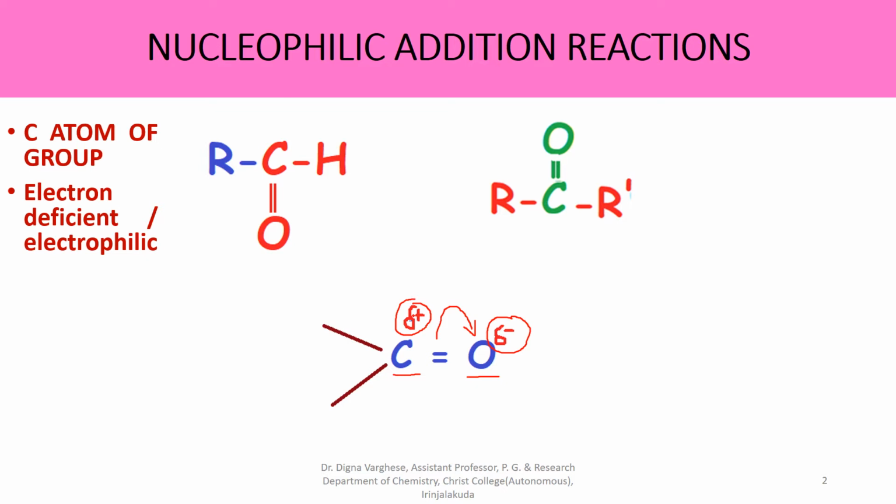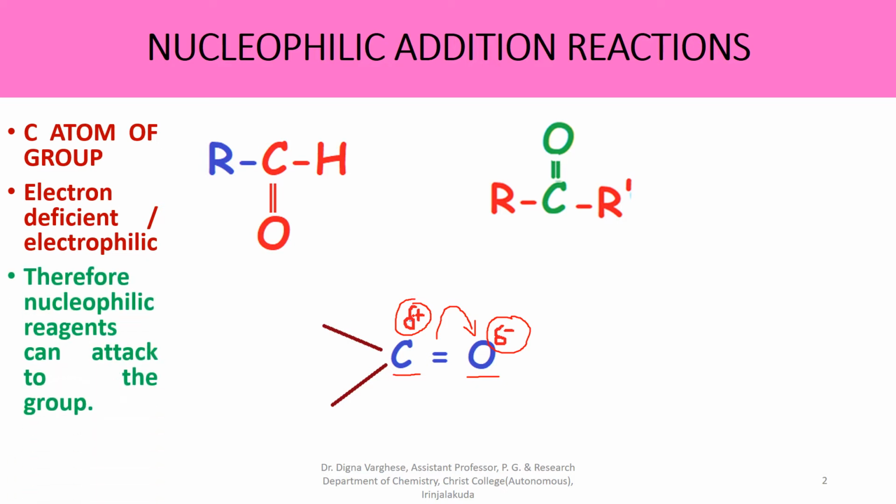Therefore the nucleophilic reagents, nucleophile means the nucleus loving species. Nucleophile has a negative charge, so it is always searching for the positive part of the compounds, and it attacks the positive part of the carbonyl carbon.